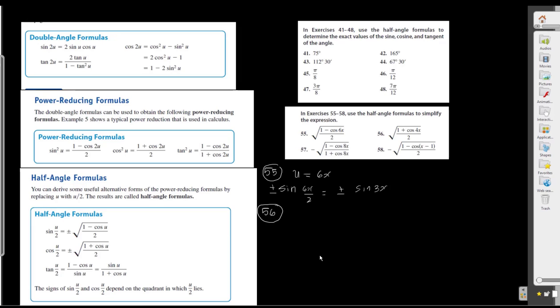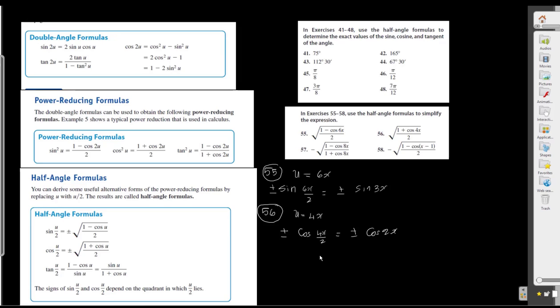Number 56, that is the square root of 1 plus cosine 4x over 2.